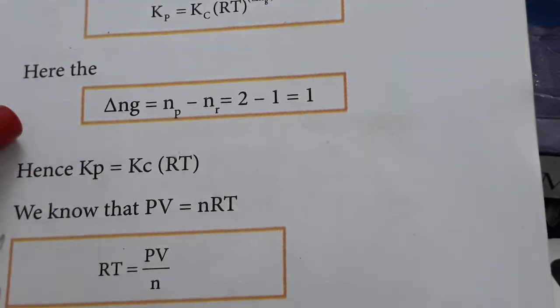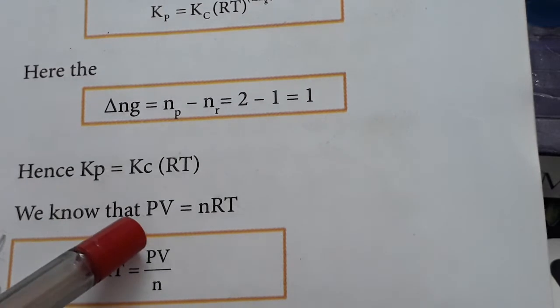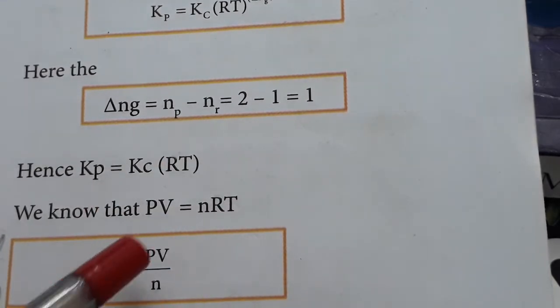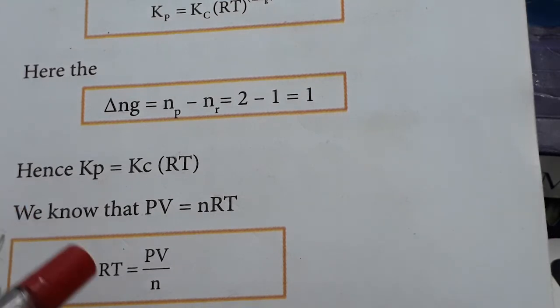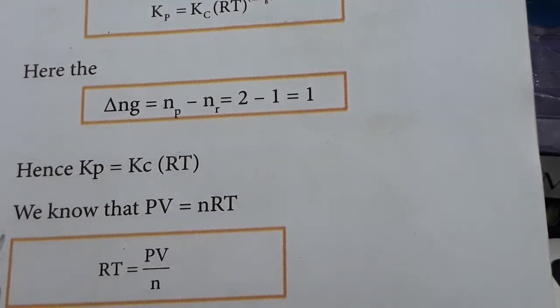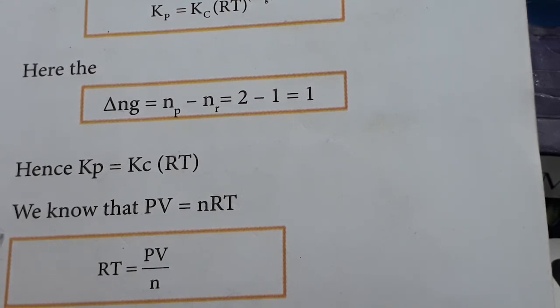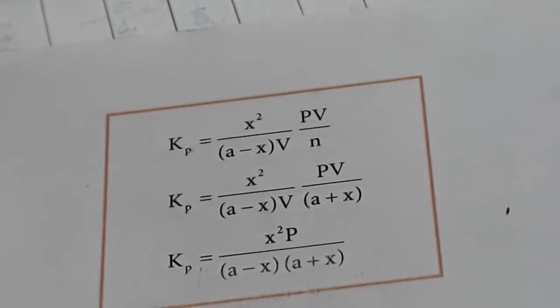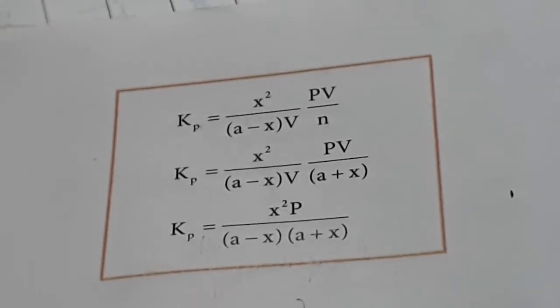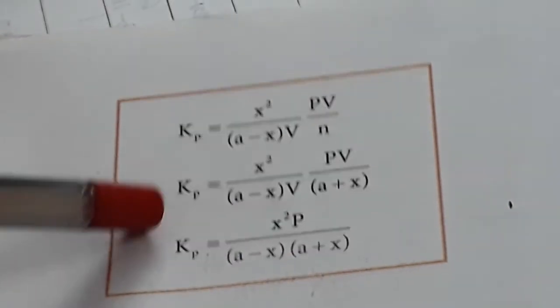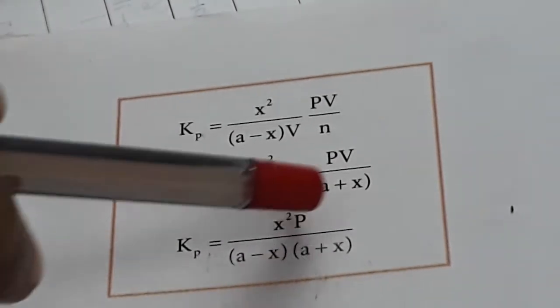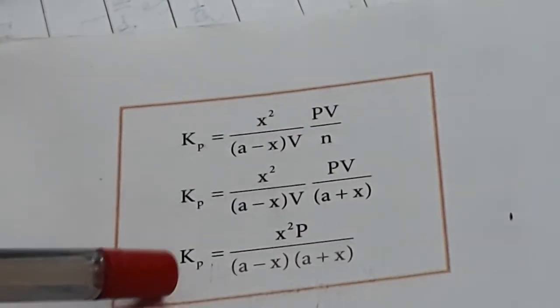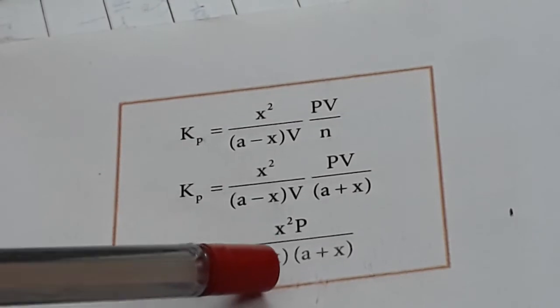So finally we have to relate it with the ideal gas equation, PV is equal to nRT. So RT means PV by N. For N, the total number of moles at equilibrium, N is equal to A minus X plus X plus X, so finally we get A plus X. So we can write the Kp value as per the formula: x square by (A minus X) into V, that is PV by N. So Kp is equal to x square by (A minus X)V and PV by A plus X, and Kp is x square P by (A minus X)(A plus X).